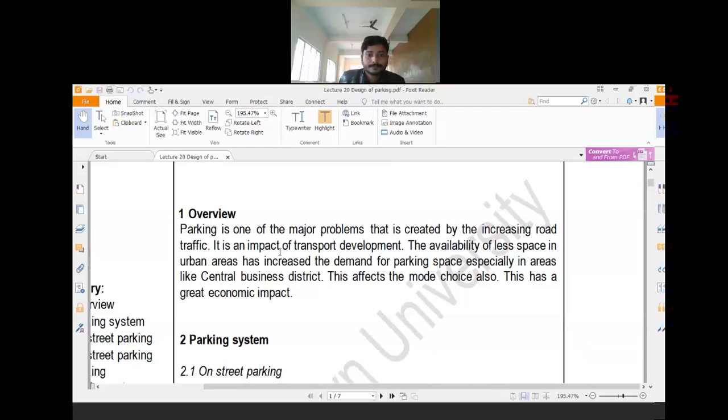Such places are called the central business district, and in the central business district there would be a huge amount of traffic and a huge number of vehicles parked on the roadside, because there are different activities which they need to perform. So for this reason, there would be a huge parking problem in the central business district.